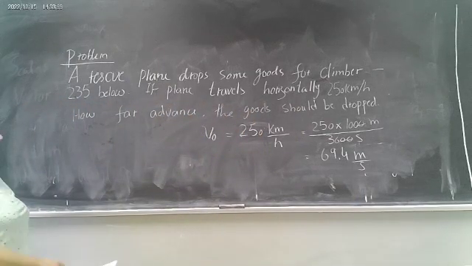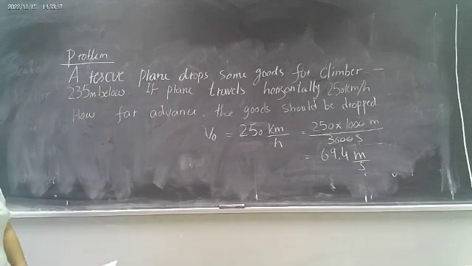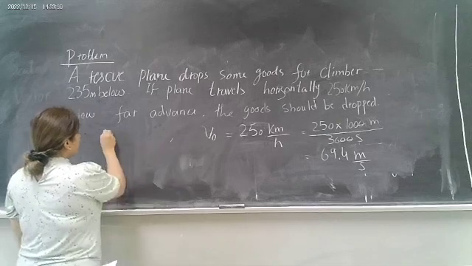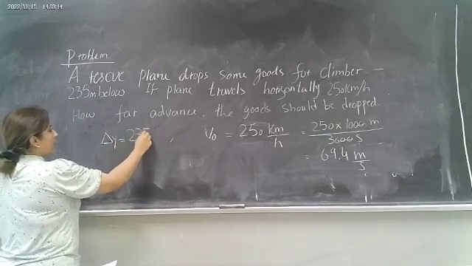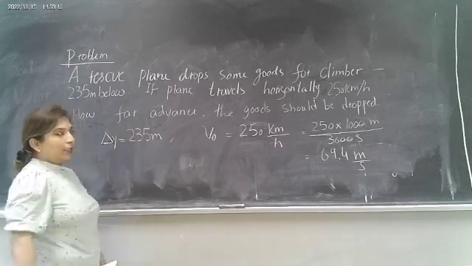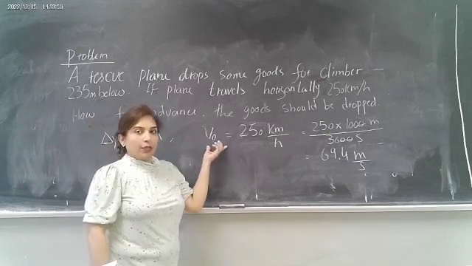That is given. And the other one is in meters, so there is no need for any conversion. We have the vertical height, which is delta y equal to 235 meters. These are the two pieces of data given directly. There is something I would like to add here.